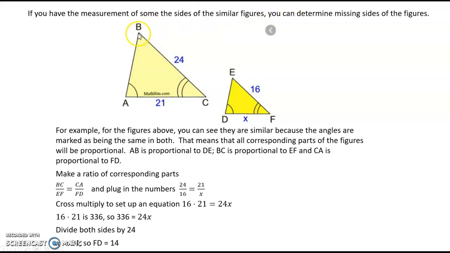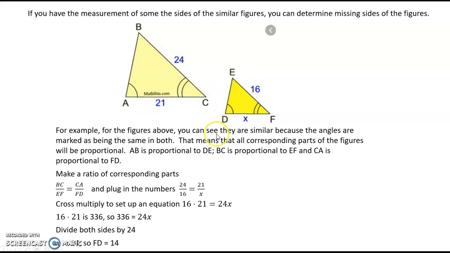So we know that these two triangles, triangle ABC and triangle DEF, are similar. The reason we know this is because we see here that we have a single arc in the corner by angle A, and we have a single arc in the corner by angle D. We also have a double arc in the corner by angle C and a double arc in the corner by angle F. So what that means is that angles A and D correspond to each other.